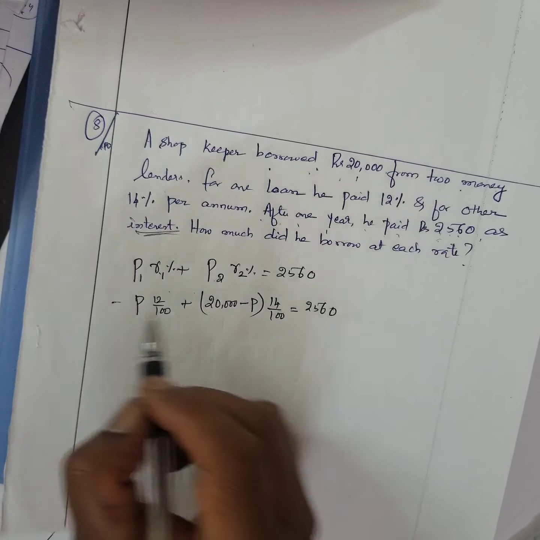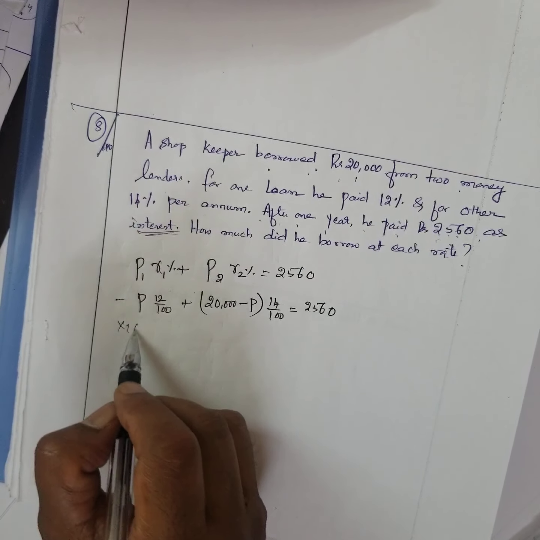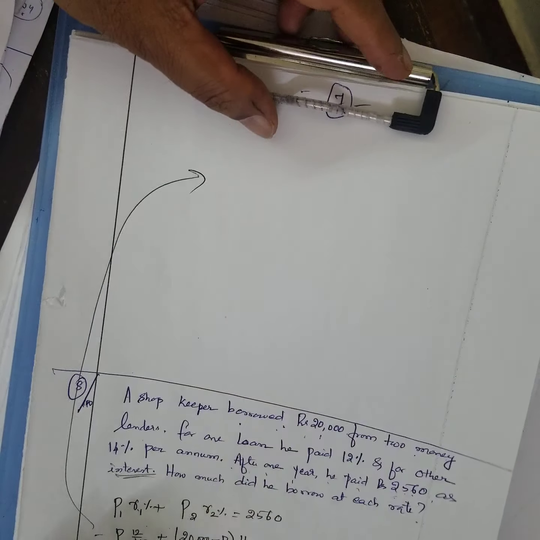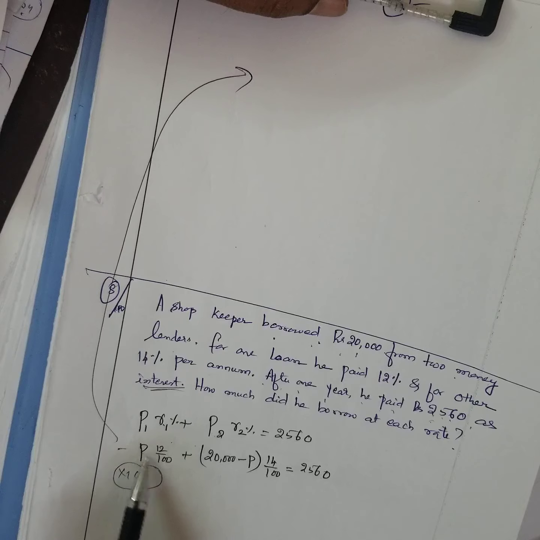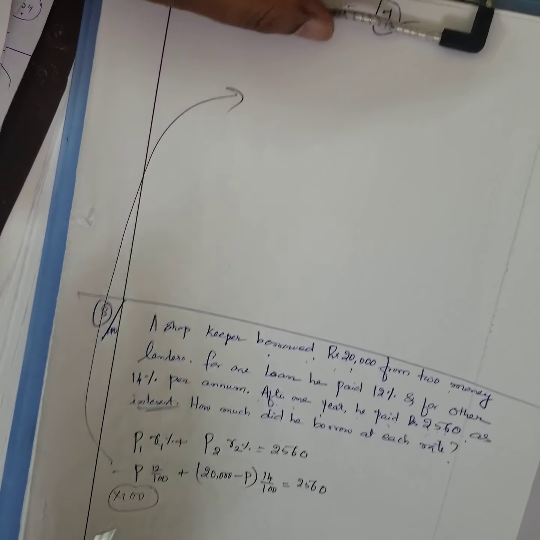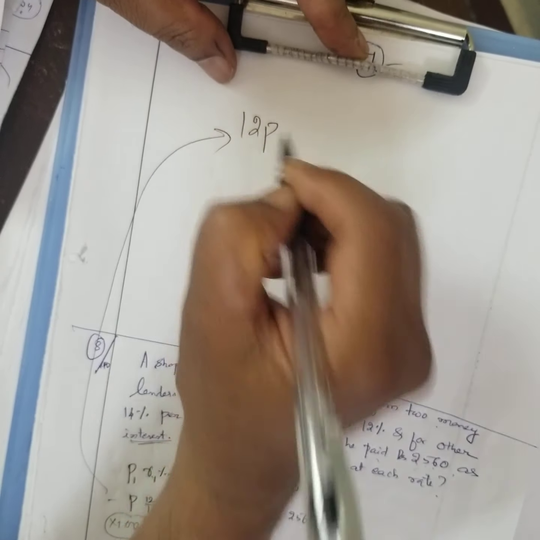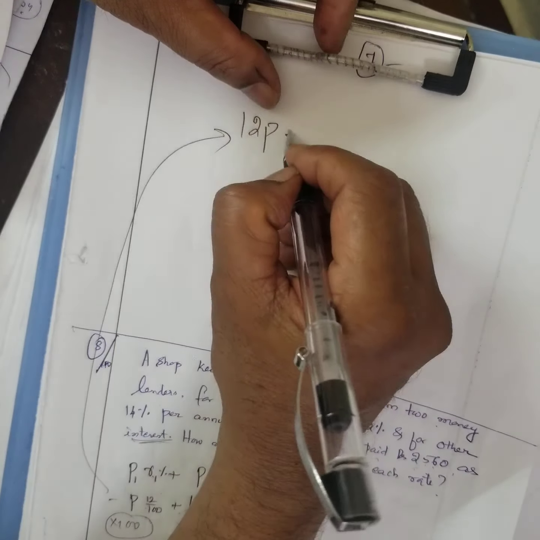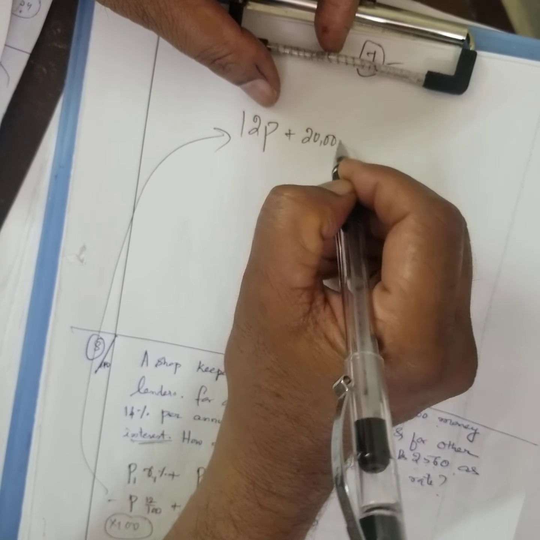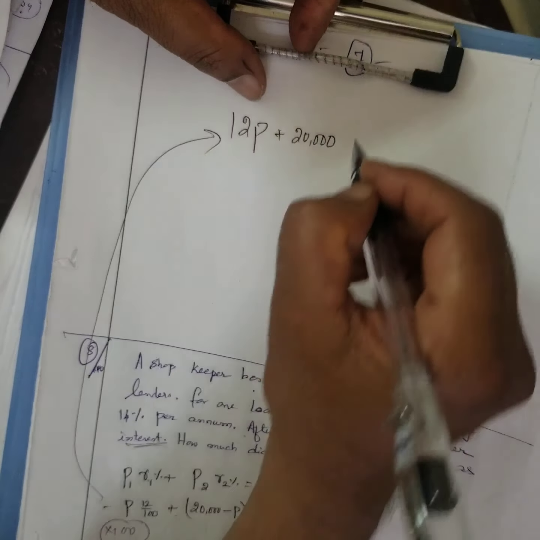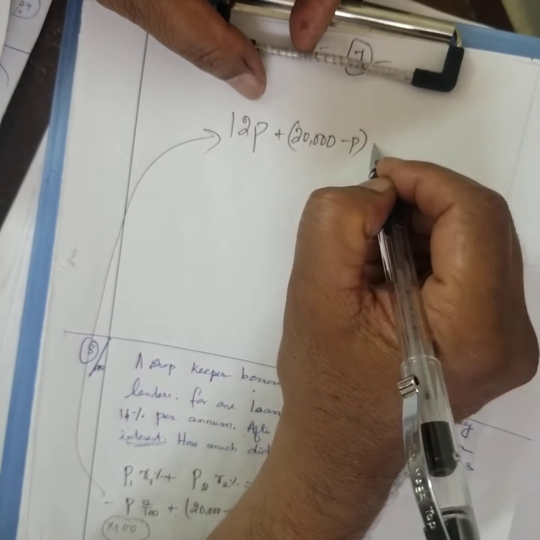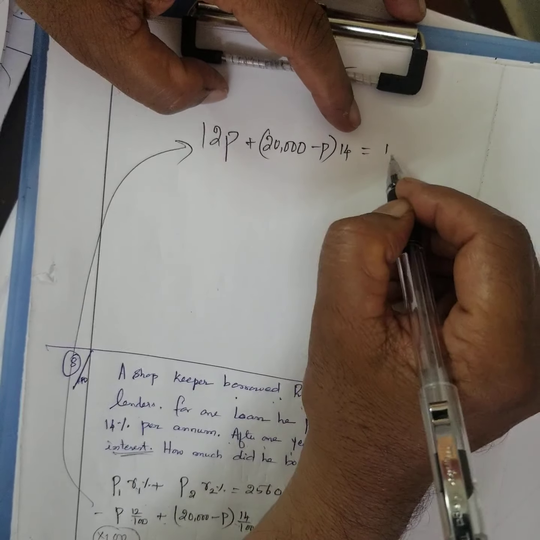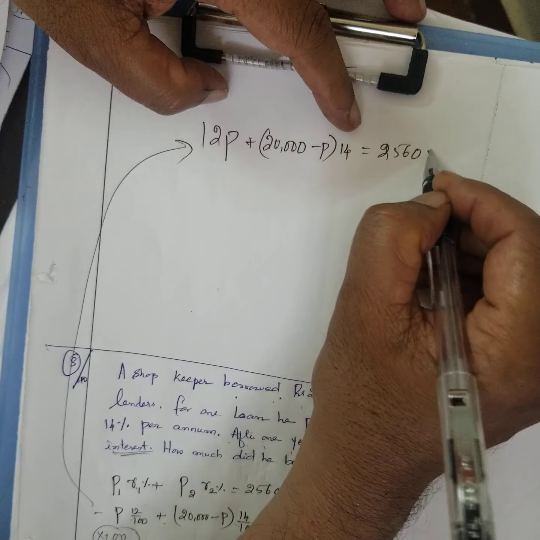Multiply throughout by 100. I will do it here. Okay. If I multiply by 100, what will I get? 100 cancels, 12P. I'll get 12P plus, 100 gets cancelled, plus 20,000 minus P into 14 is equal to 2560 into 100.